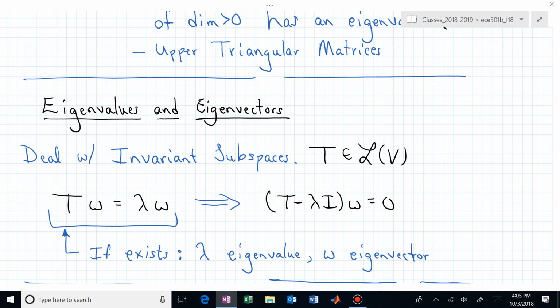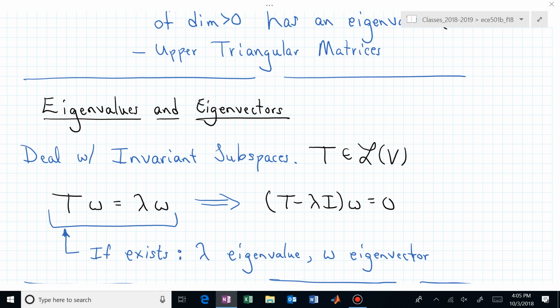If we do have this equation, if T omega is equal to lambda omega, or maybe I should say Tw is equal to lambda w, then lambda is an eigenvalue and w is our eigenvector.